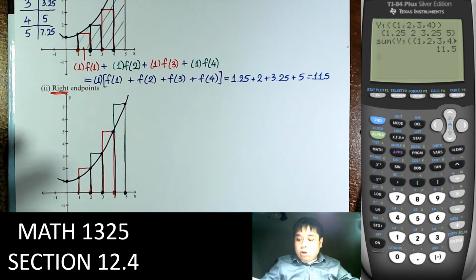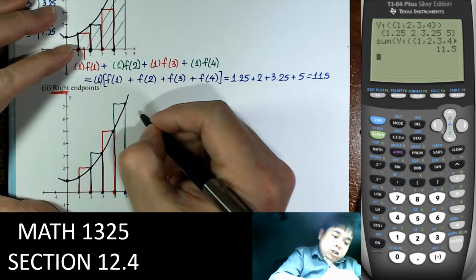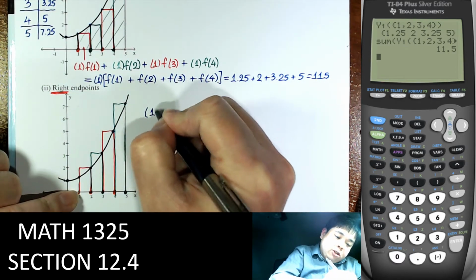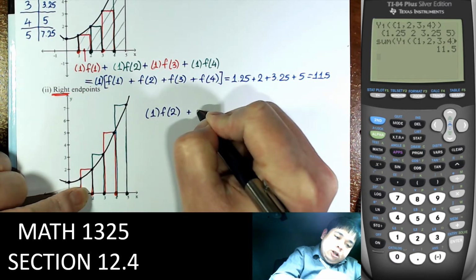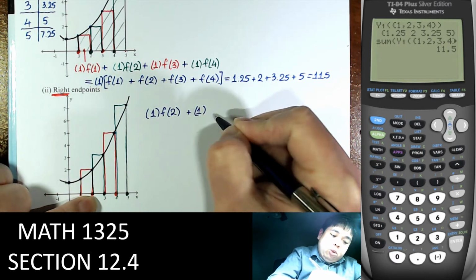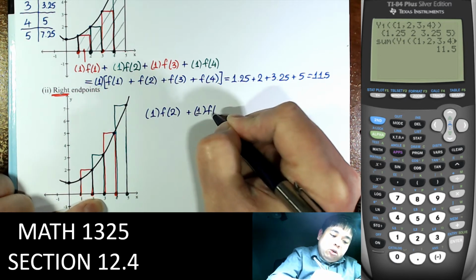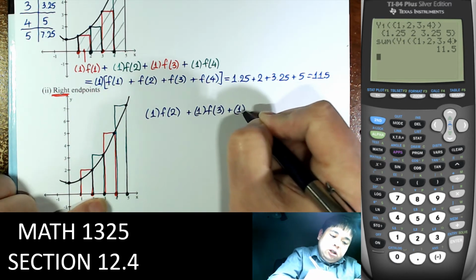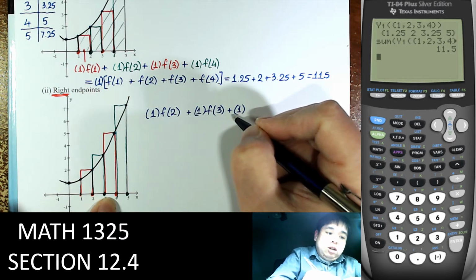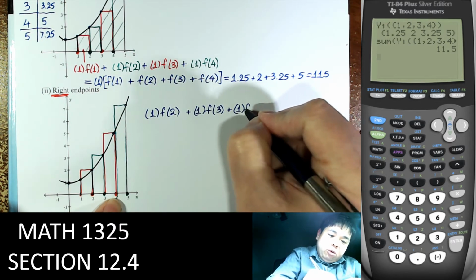Just an approximation. Right. So for the first rectangle, the height will be based on the right endpoint, which is 2. Second rectangle, the width is 1. The height based on the right endpoint, which is 3. And the third interval from 3 to 4, the right endpoint will be 4.